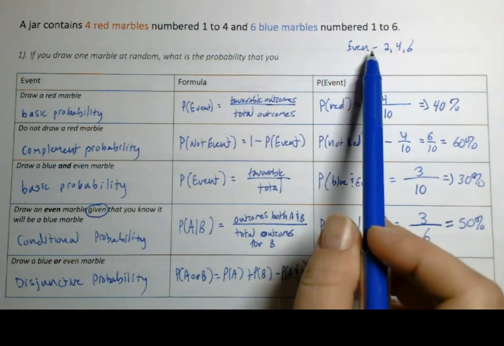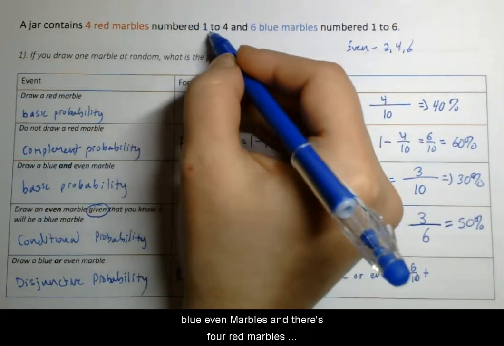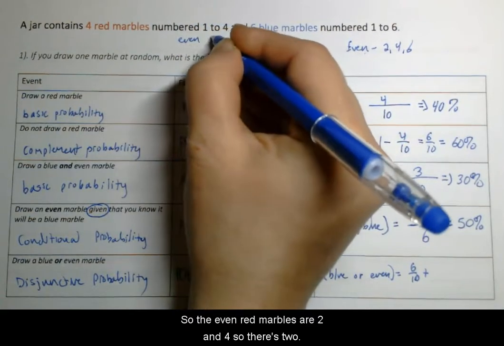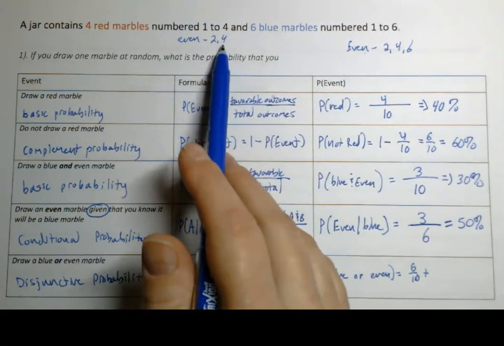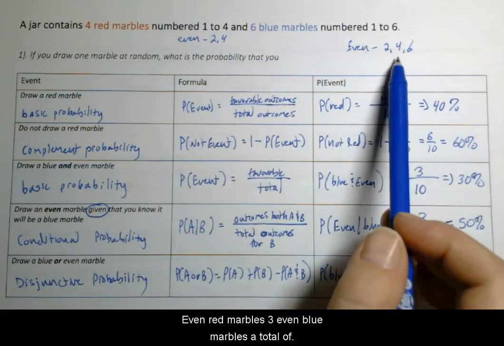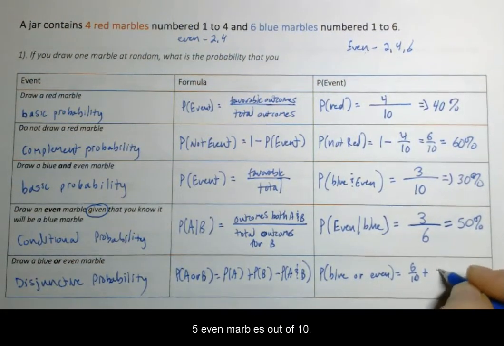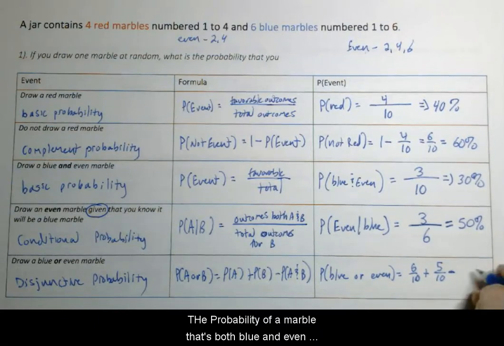There are 3 blue even marbles, and there's 4 red marbles numbered 1 through 4. So the even red marbles are 2 and 4. So there's 2 even red marbles, 3 even blue marbles, a total of 5 even marbles out of 10, minus the probability of a marble that's both blue and even.